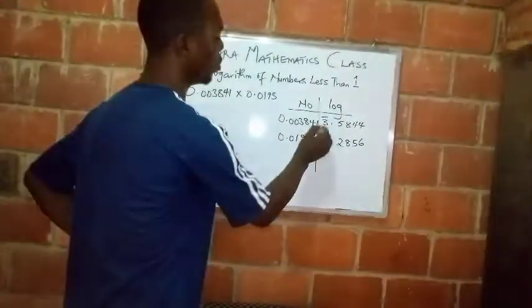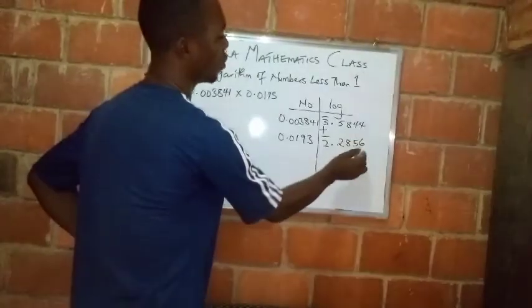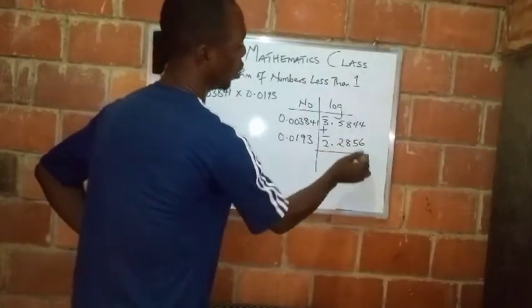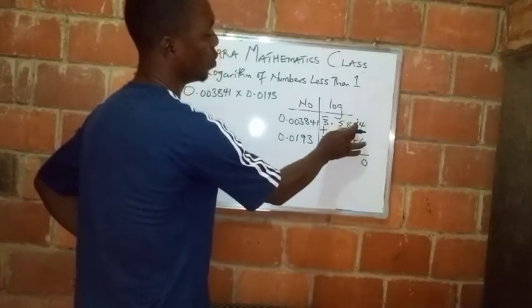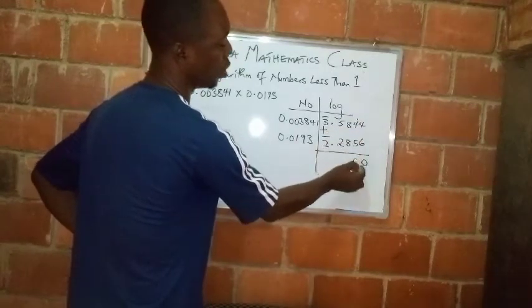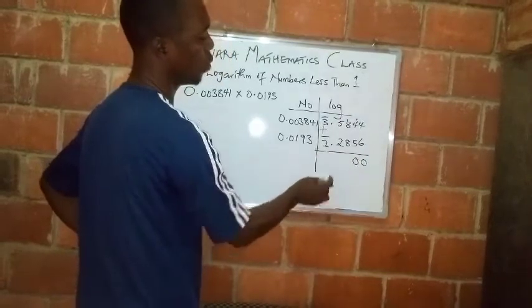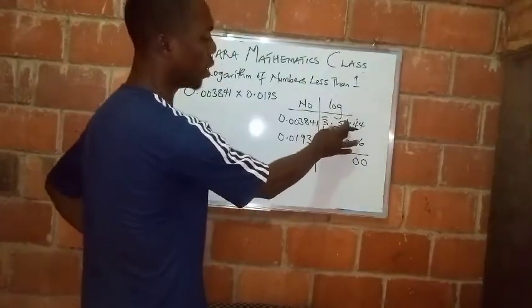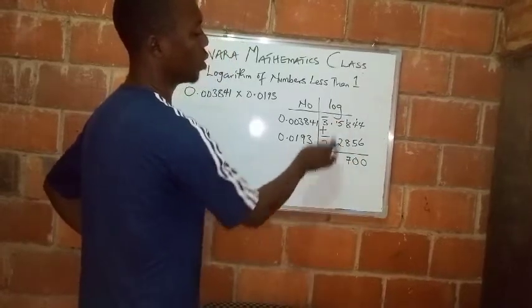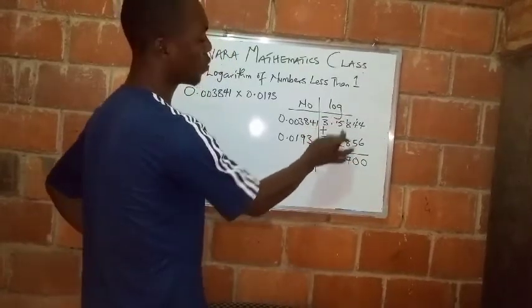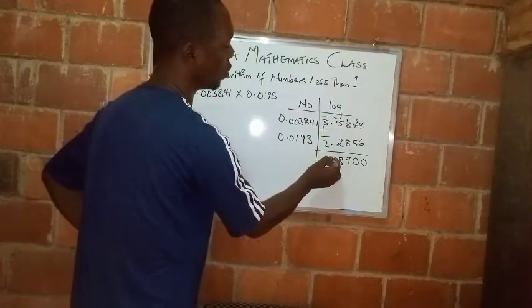So after getting the logarithm of the two numbers, you know this is multiplication, so we add them together. 4 plus 6, 10. You take 1. This is 1 plus 4, 5 plus 5, 10 again. You take 1. 1 plus 8 is 9. 9 plus 8, 17. Then carry 1 again. 1 plus 5, 6 plus 2, that is 8.